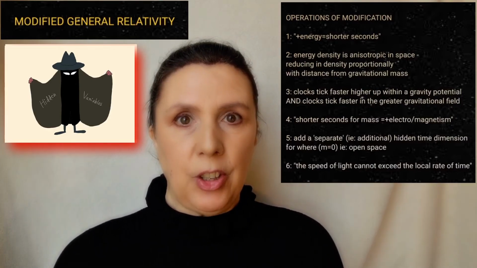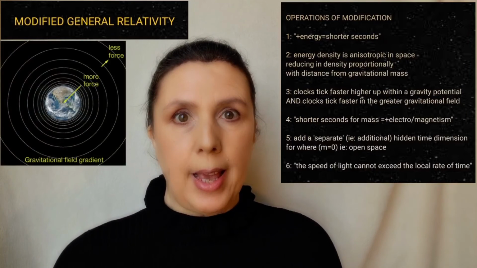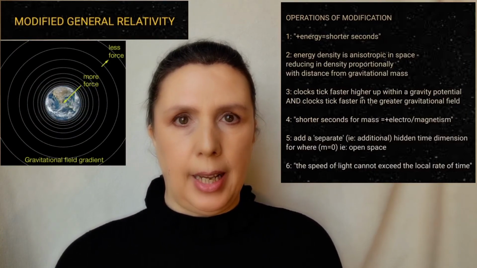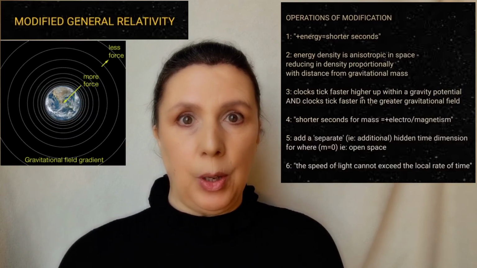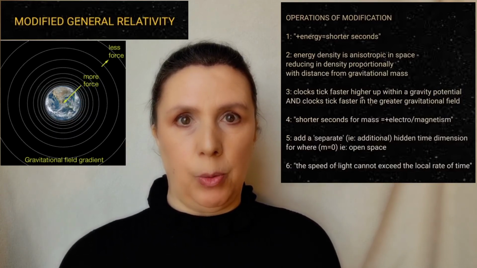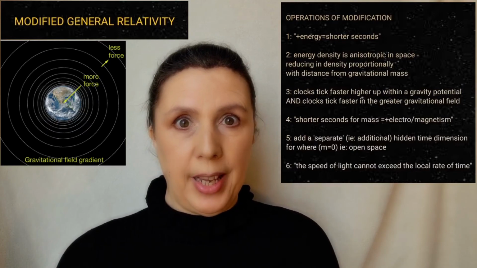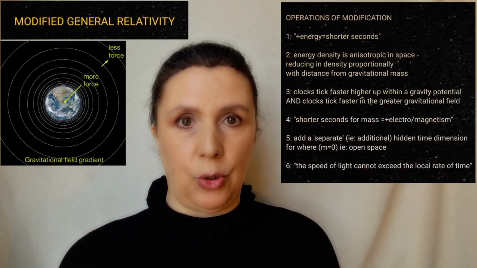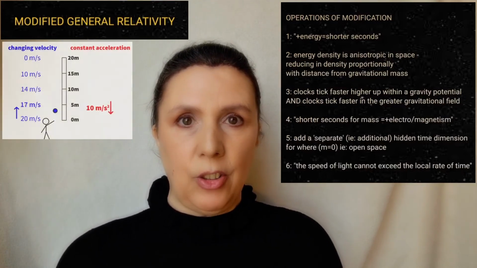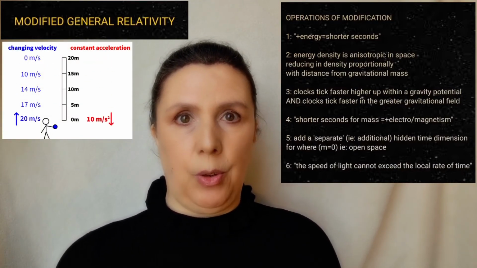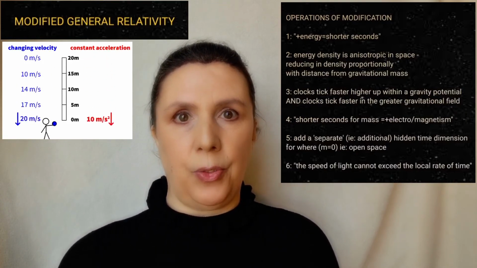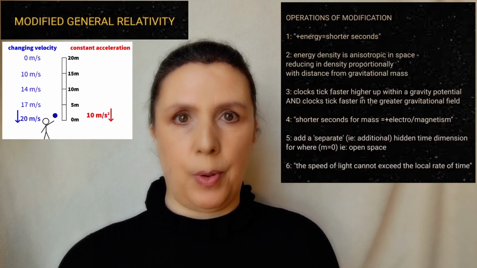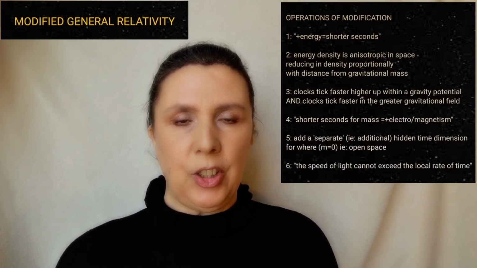The observation of effects being where m equals 0, i.e. open spaces, seconds tending to shorter with increasing proximity to the gravitational mass, caused by the energy of space increasing with increased proximity to the gravitational mass, create a directional and increasing momentum for a mass little m moving towards the center of the gravitational mass big M. Operation 6.